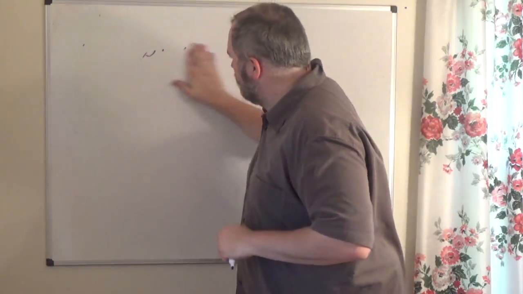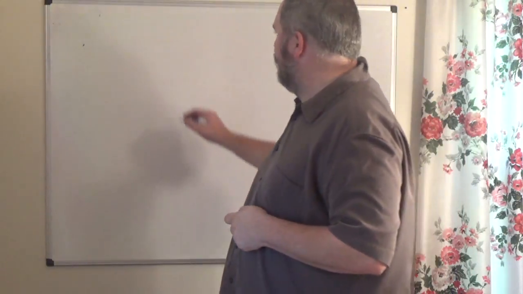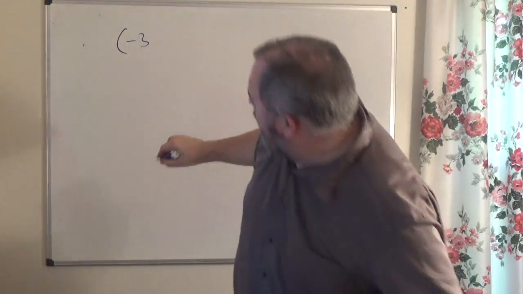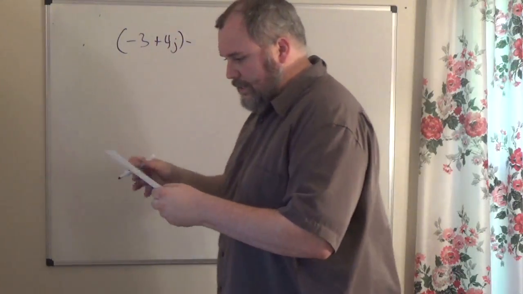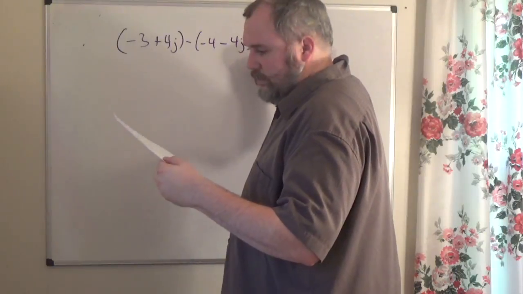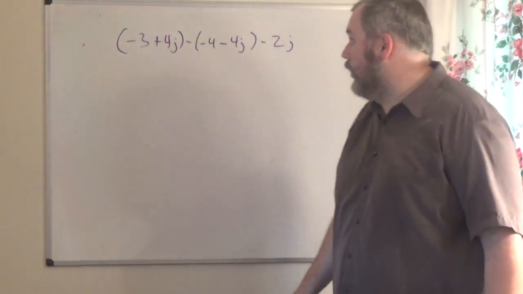All right, so for your next one, you can figure out number 2 on your own. Let's just go on to 3. That looks more fun. You have negative 3 plus 4j minus a negative 4 minus 4j minus 2j. So we're going to combine like terms.